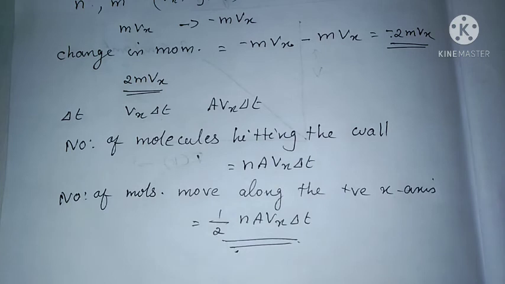Then, what is the change in momentum of a single molecule? 2mvx along the x-axis. So, how can we write the total change in momentum transferred to the wall in time delta T?